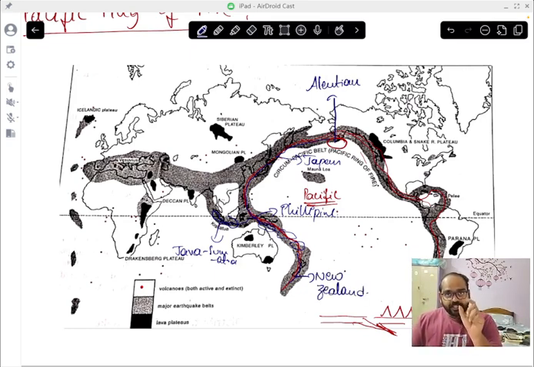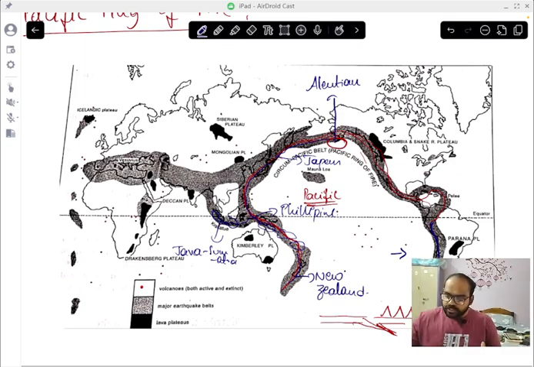Another side of the belt extends from the Andes Mountains here. See, why are the Andes Mountains and volcanoes formed in that Peru-Chile coast of South America? Due to convergence of the Nazca Plate and the South American Plate.